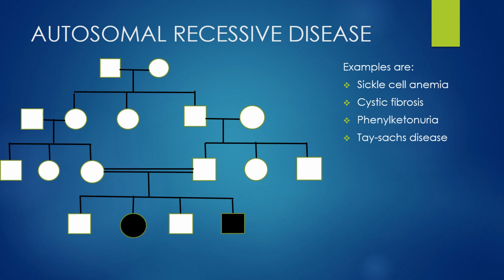You need to inherit both. You need to inherit one from your father, one from your mother to be able to express the particular trait or disease in your phenotype. So here we see that in our first to third generations, we actually do not have any people expressing the disease.